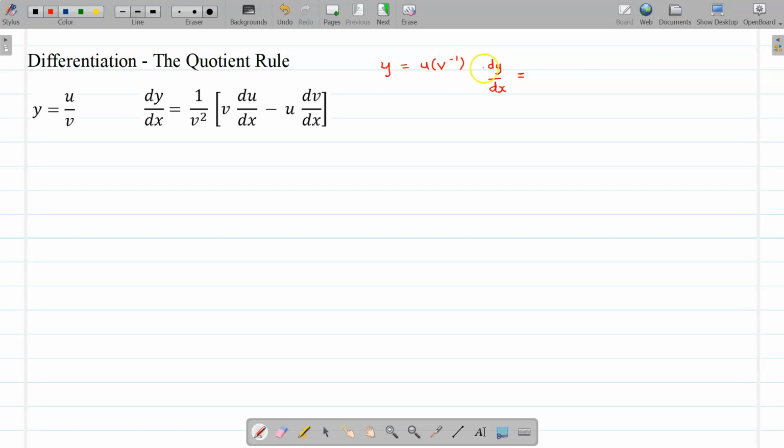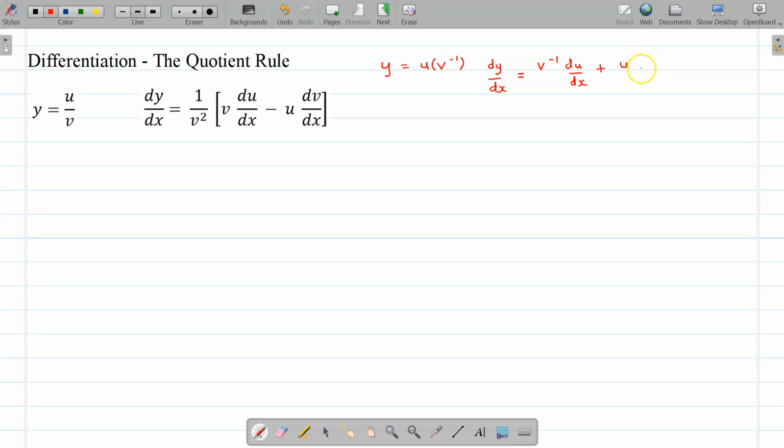But in this case, when I say v, I'm referring to v to the minus 1. So it's v to the minus 1 du by dx, and plus u times dv by dx.